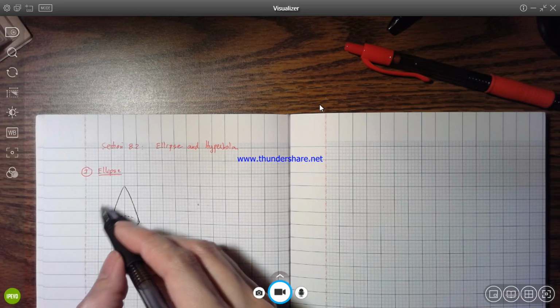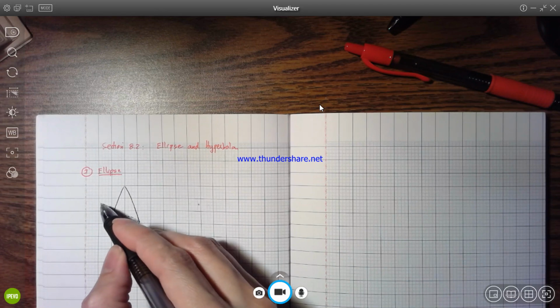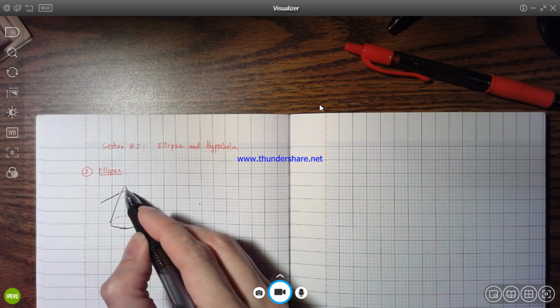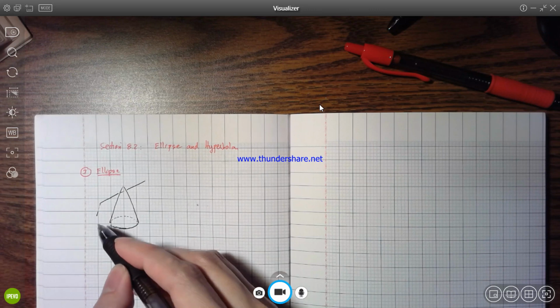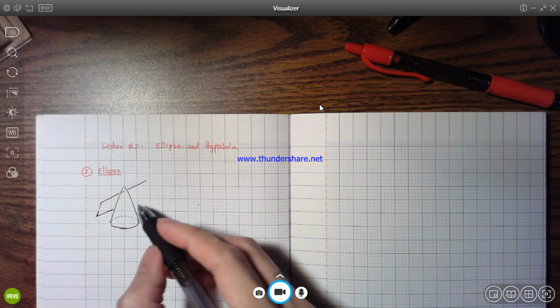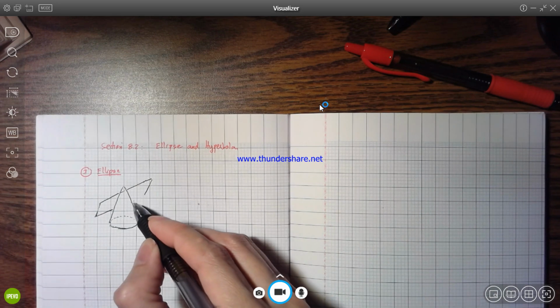So it's going to go through like this. I try to draw the slanted plane. So this is the plane, going through like this and cutting the cone.